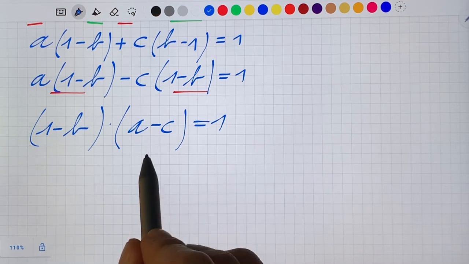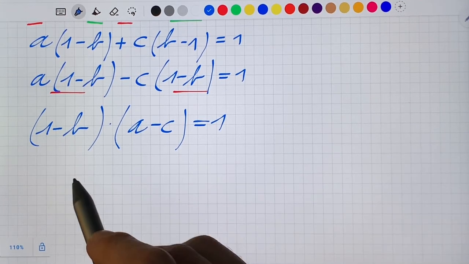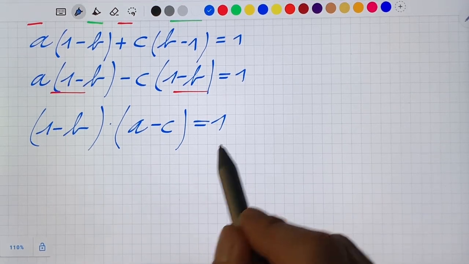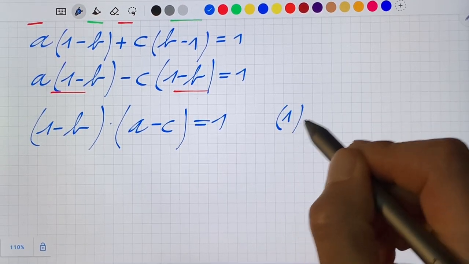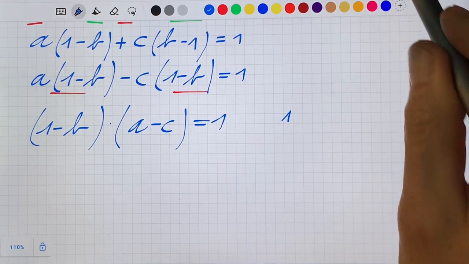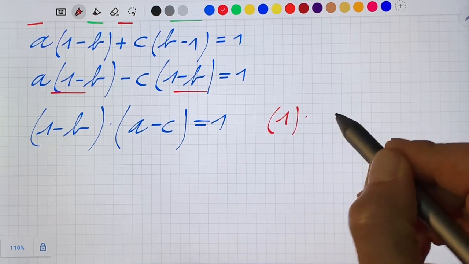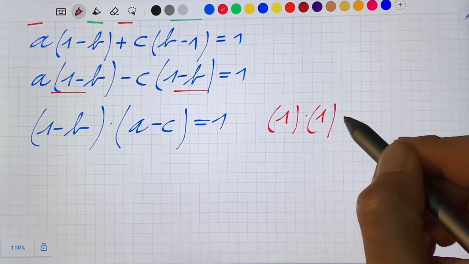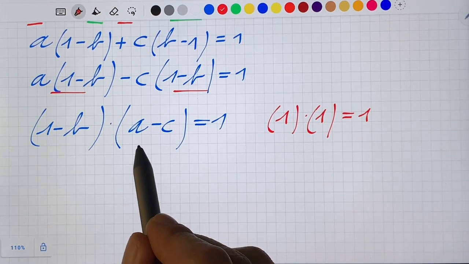Now, if we look at this equation, we will find out that in order to have 1, the first factor could be 1, the second factor could be 1, and then 1 times 1 is 1.